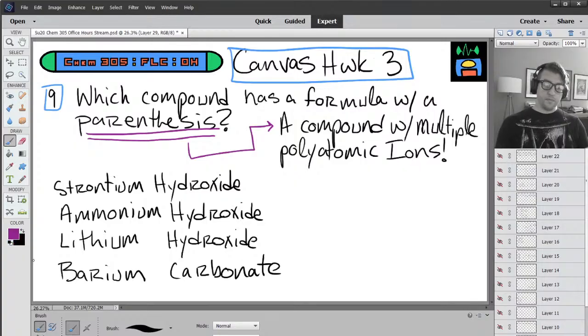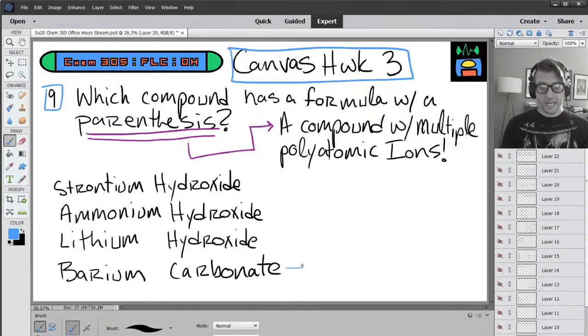What you have to do is write out each chemical formula and identify the one that has more than one polyatomic ion in it.